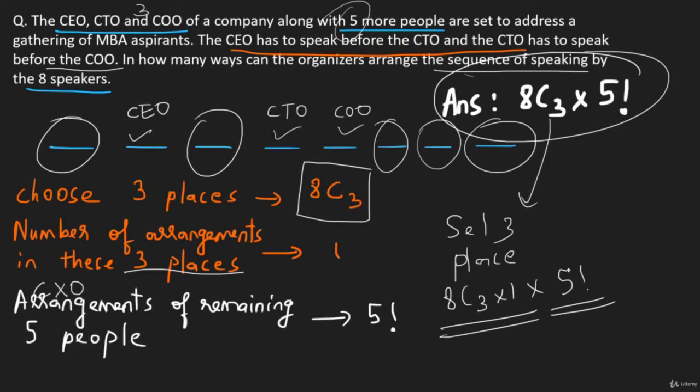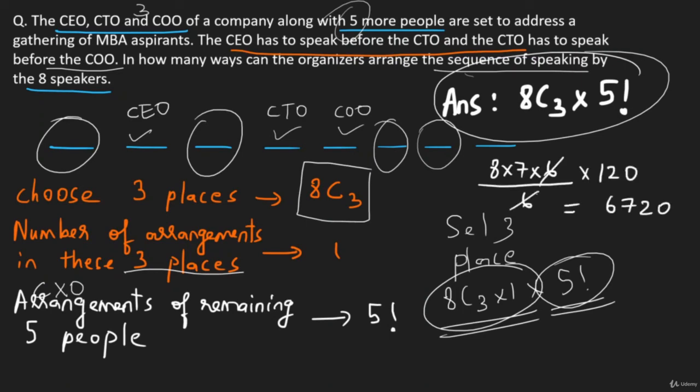We have chosen 3 places for the CEO, CTO and COO, and we have done all the possible arrangements for these 3 people, right? And then in each of these cases, the remaining 5 people can be arranged in 5 factorial ways. Therefore, these 8 people can be arranged in 8C3 into 5 factorial ways, which is equal to 8 into 7 into 6 by 6 into 120. 5 factorial is 120, and that gives you the answer as 6720. Remember, the process followed over here is a 2-step process.